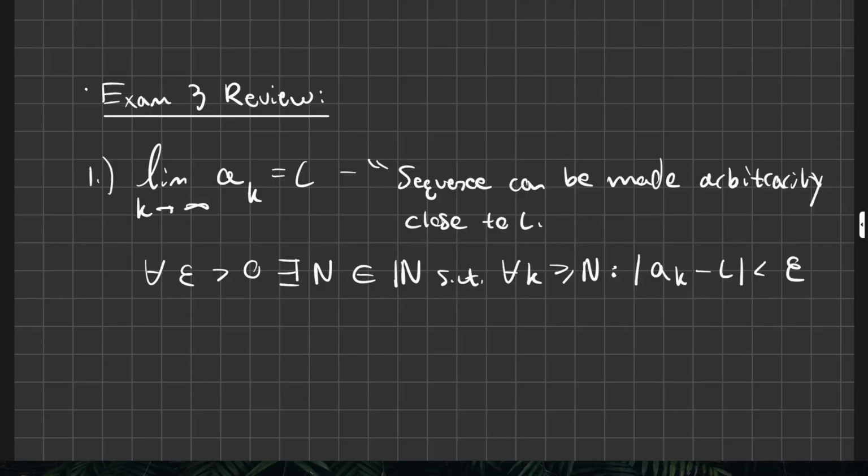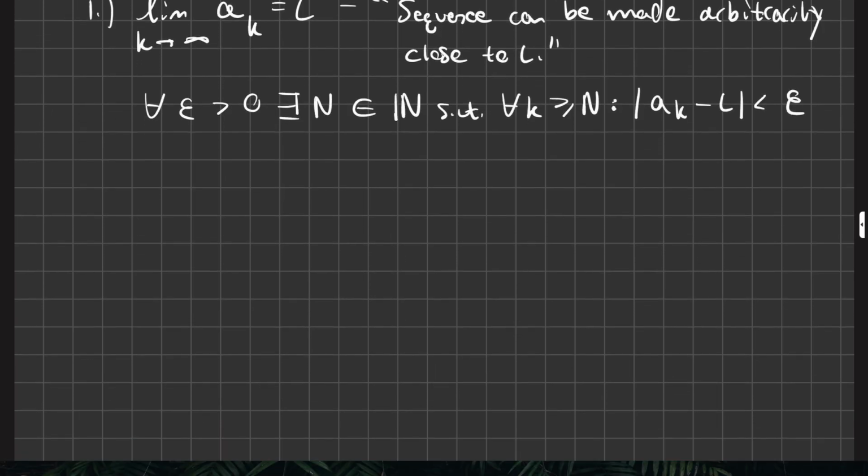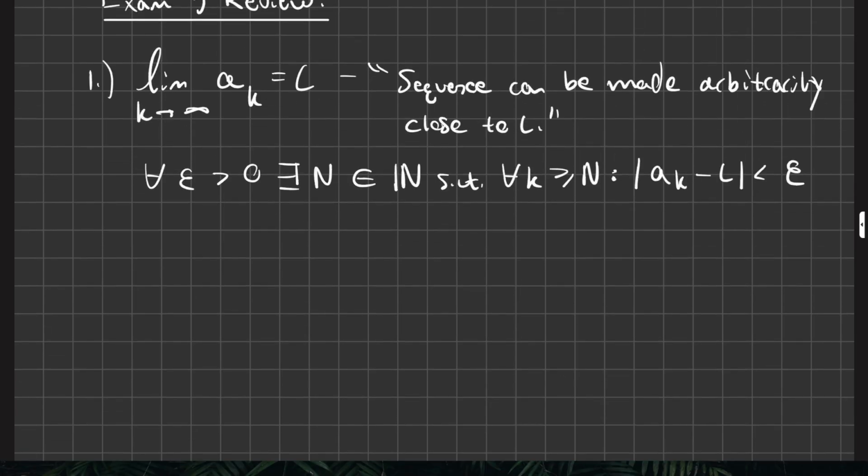That is sufficient. Okay, problem 2 asks, what does it mean for the sum from k equals 1 to infinity of a sub k to equal L? What does this mean?